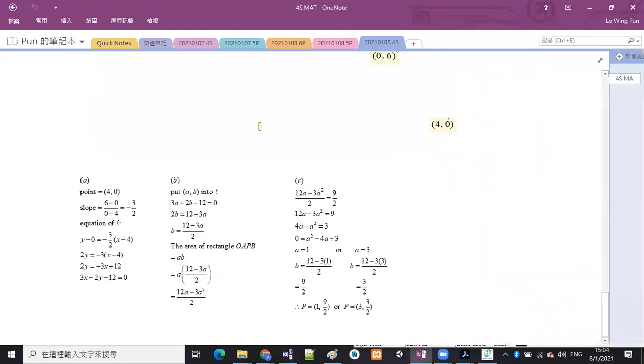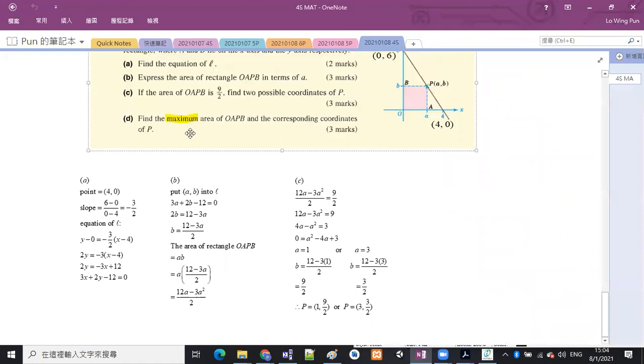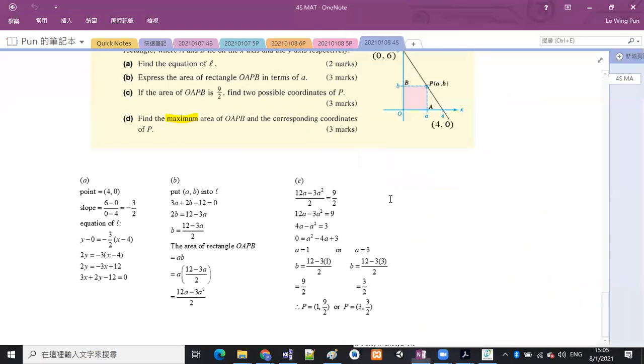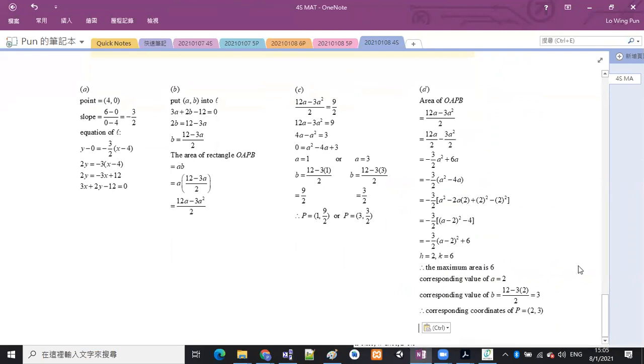So, to answer the question, the corresponding coordinates of P will be 2 and 3. Okay, so that is the final answer. Can you get this?